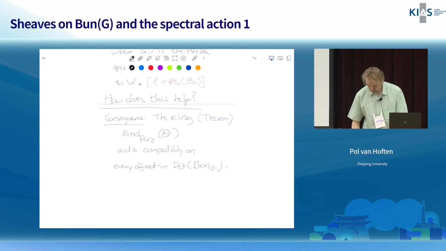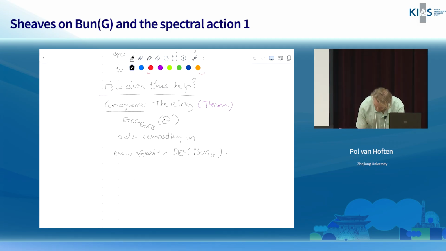Okay, so that's kind of nice. So for example, it acts on D_et of this Newton stratum Bun_G^1, which sits fully faithfully in D_et of Bun_G.